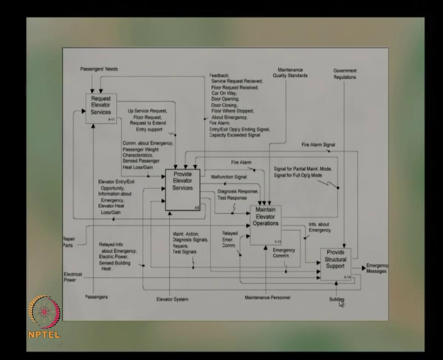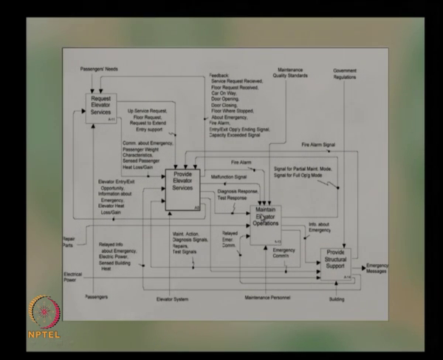The function of the building is basically to provide structural support, and that is regulated by the government regulations. Emergency messages also need to be given by the building for emergency situations. And there is interaction between the building and the maintenance personnel.